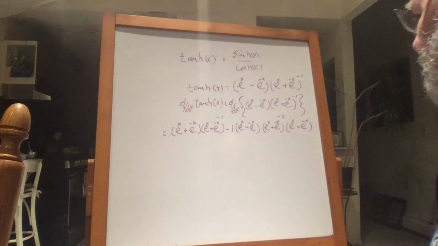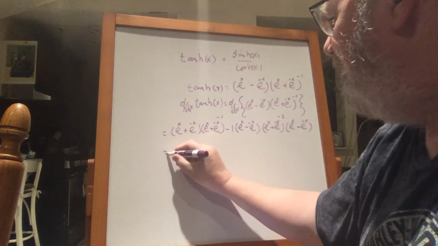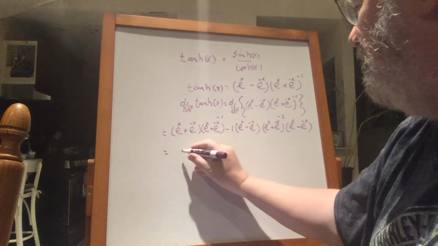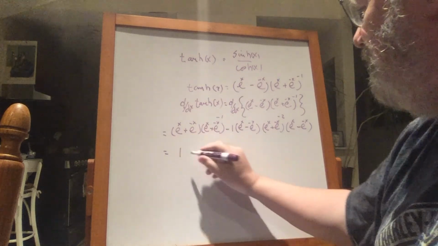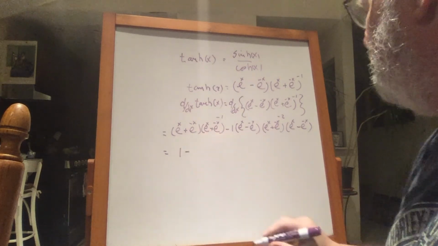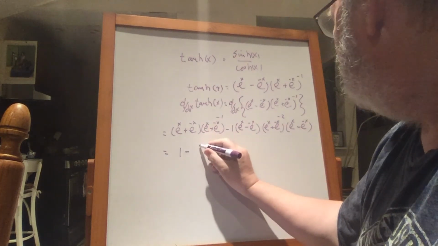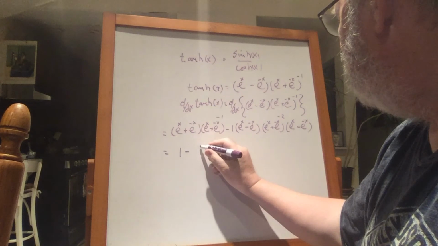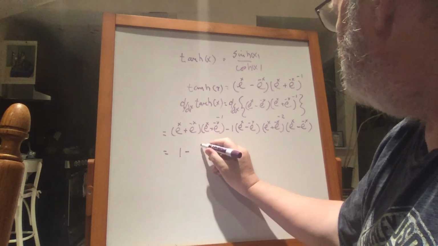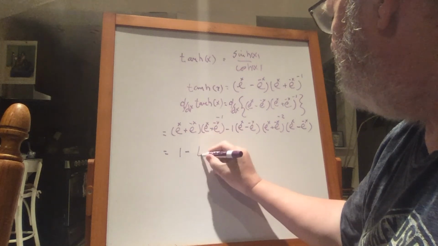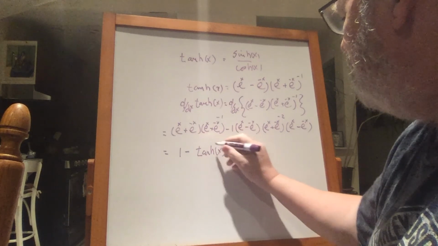So here we have 1 minus the hyperbolic tangent squared.